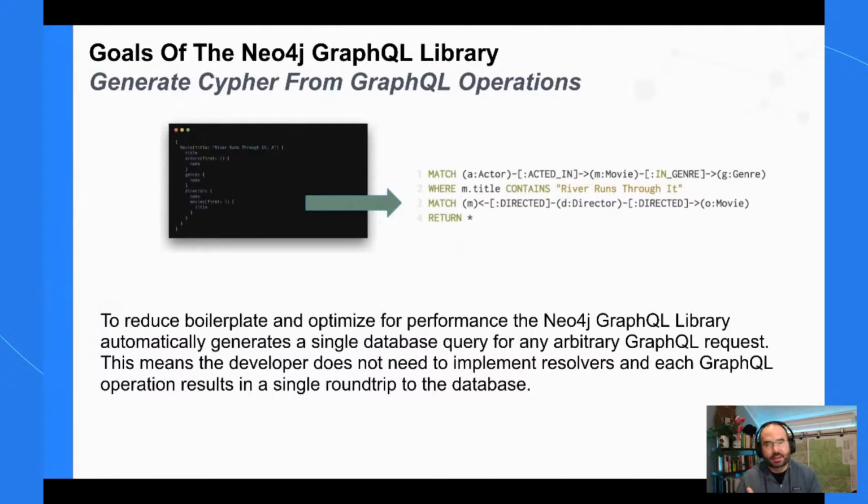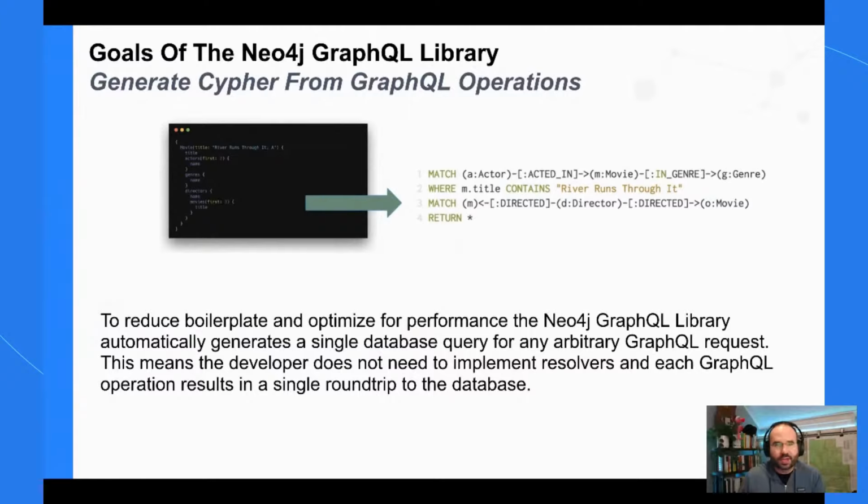One is the performance and n+1 query problem that we talked about earlier, where we were generating multiple round trip queries to the data layer for one GraphQL operation. By generating a single database query, that n+1 problem goes away. We send a single Cypher query to the database, which then figures out how to optimize that.